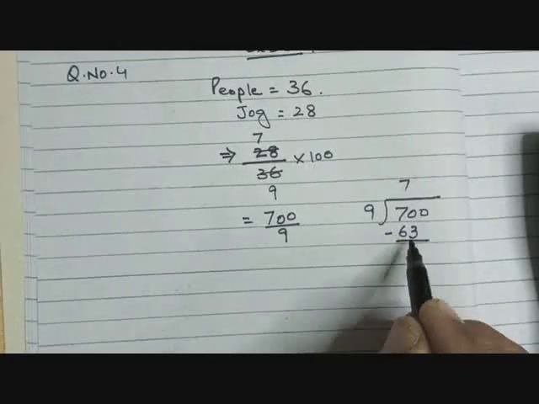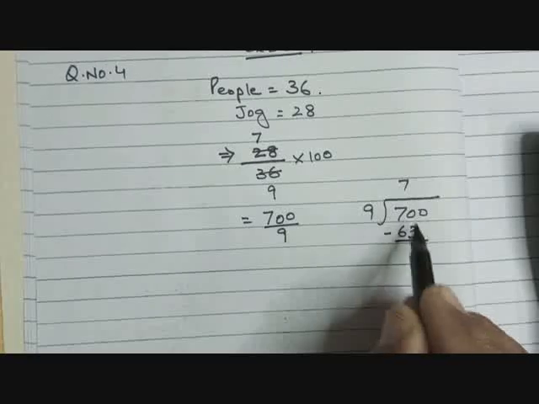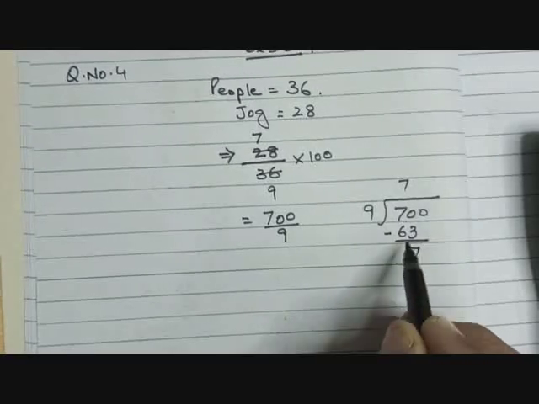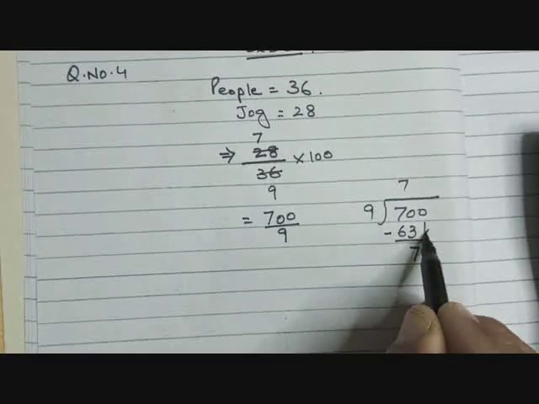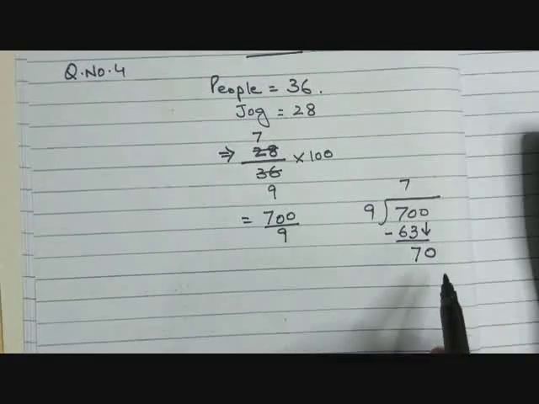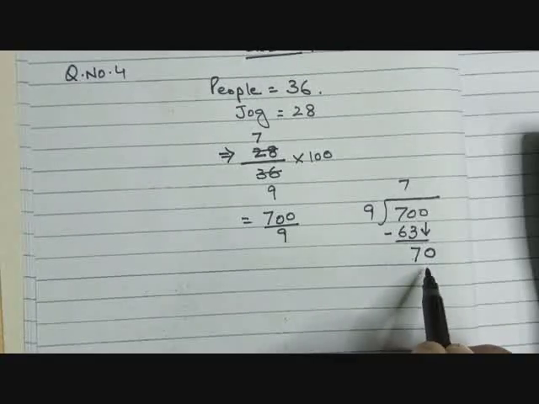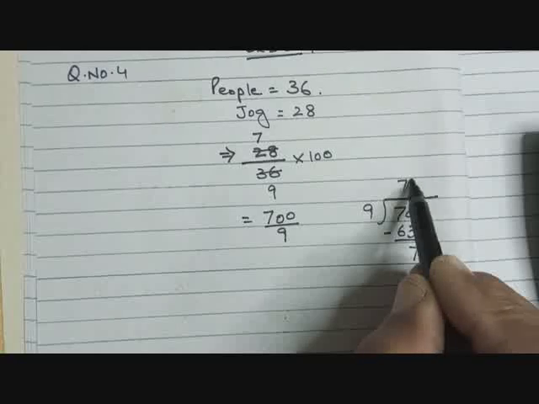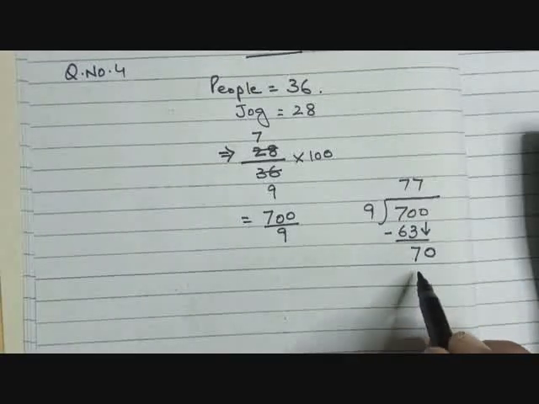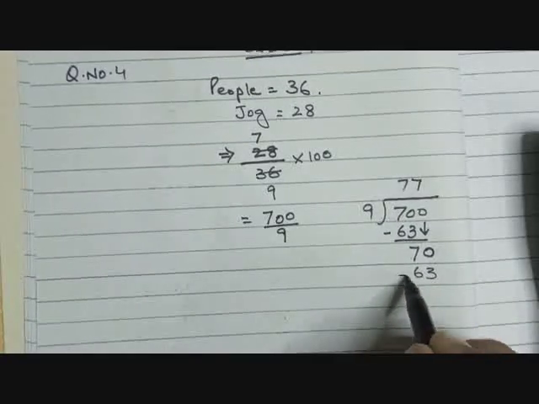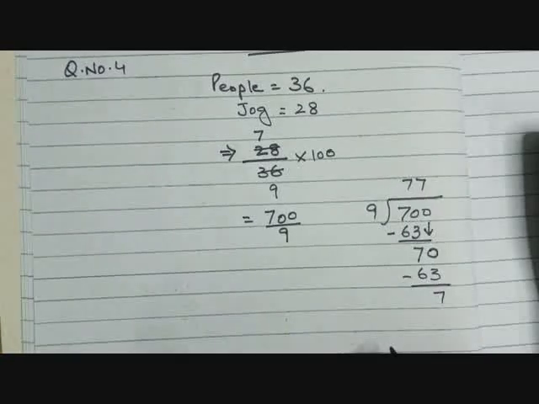When we subtract 63 from 70, it is 7. Now 7 comes again, we drop the 0, and it again becomes 70. Now again we do it for 7: 63, and again 7 has appeared.